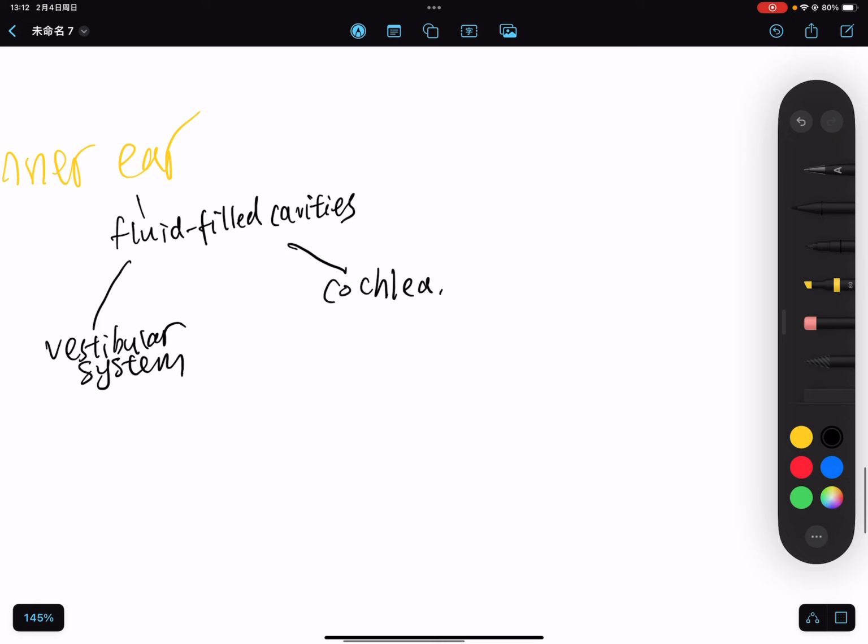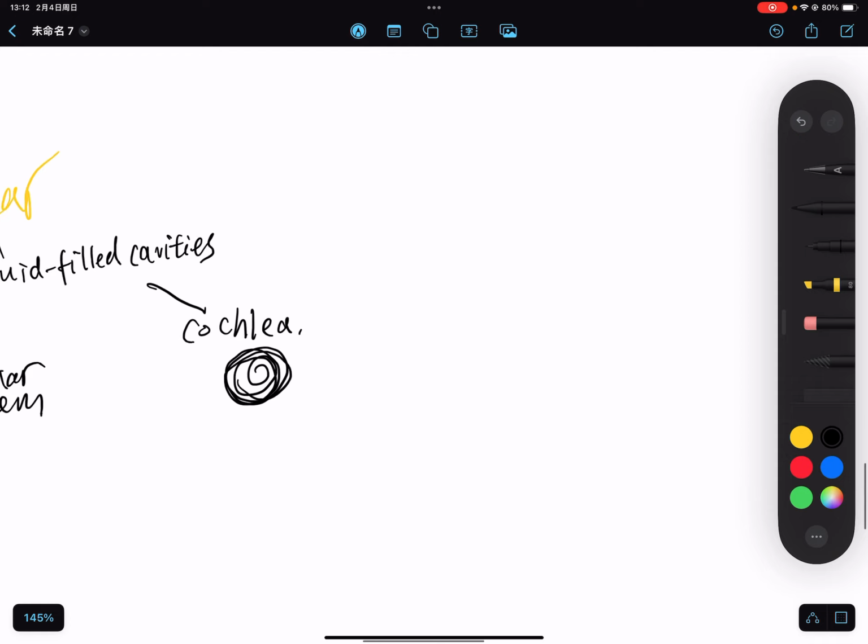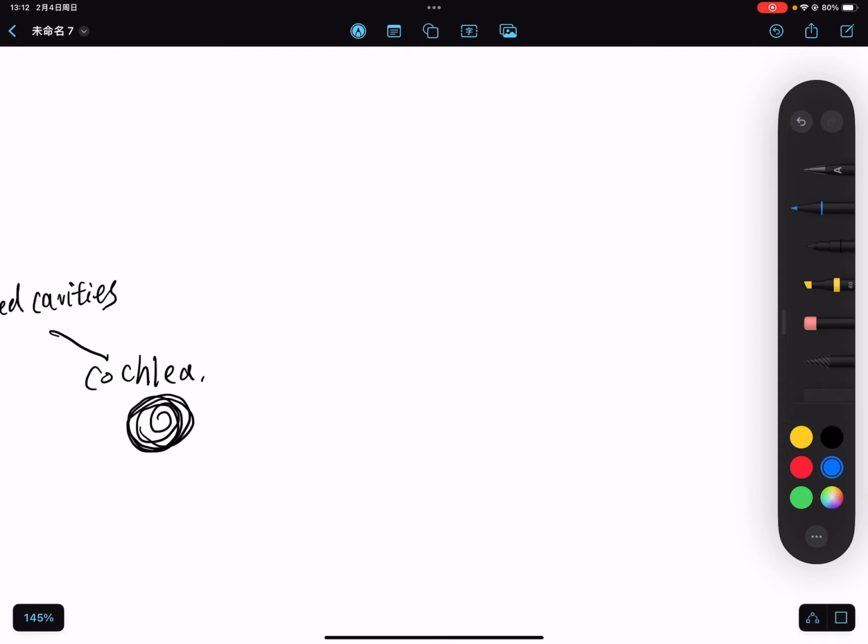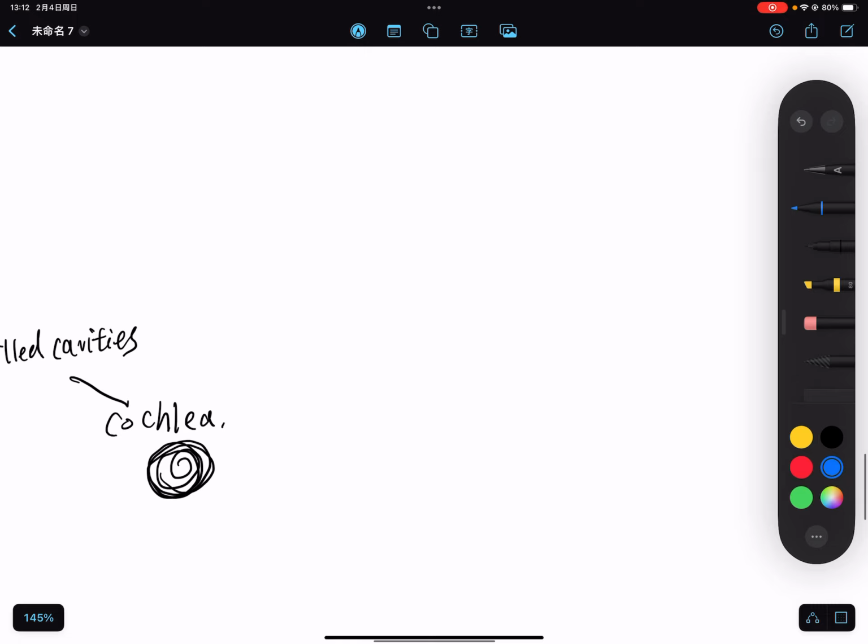It's like a snail, because the shape is like a snail. The cochlea is really complicated, and it is divided into three parallel chambers. The point furthest is the oval window, and the closest is the apex.